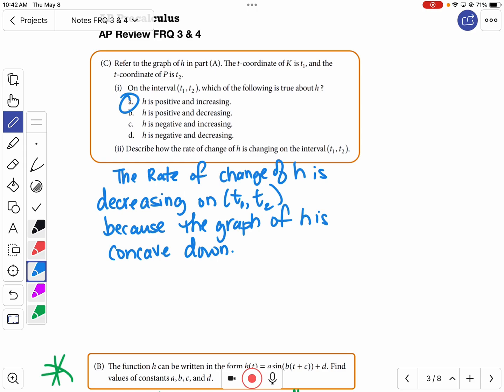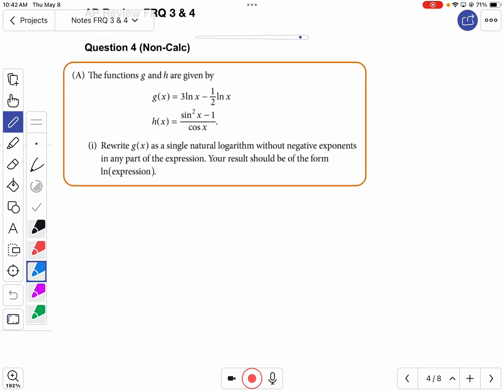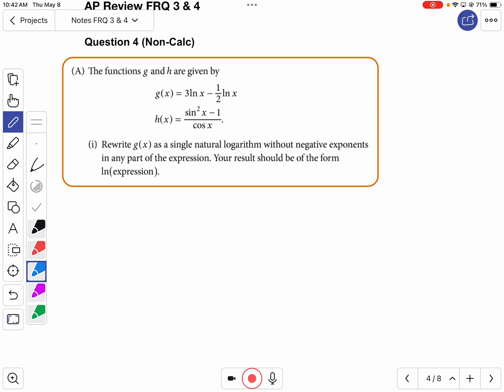All right, then we get into just knowing all of our algebraic properties. We do this function manipulation. Again, it's non-calculator. For part one, it says to rewrite g of x as a single logarithm without negative exponents. That's important. Your result should be of the form ln of something.